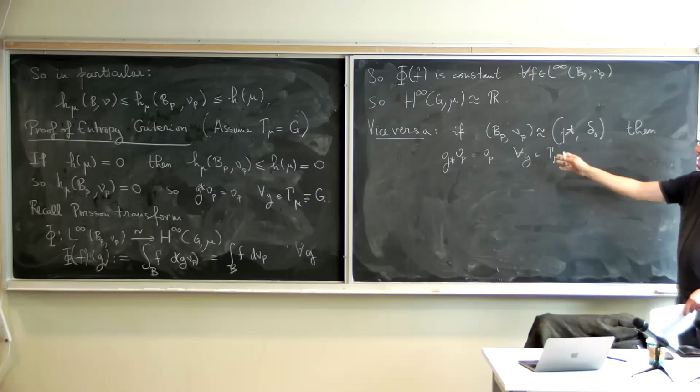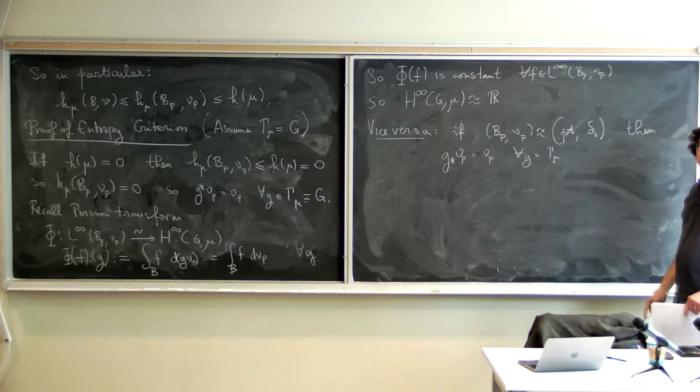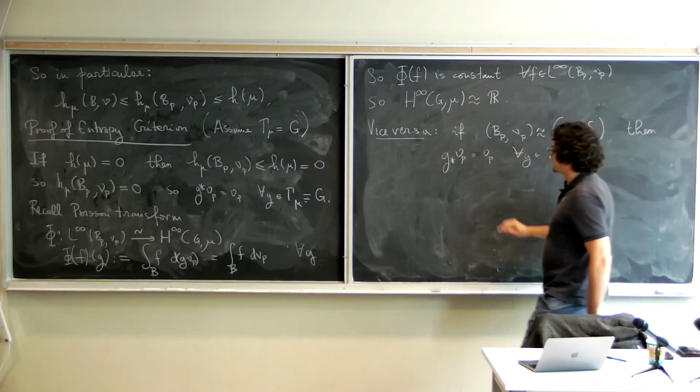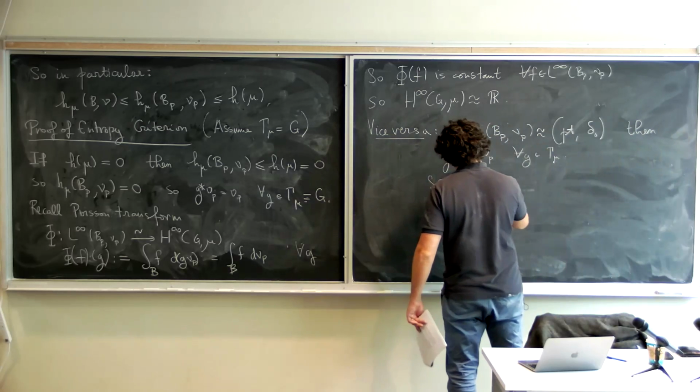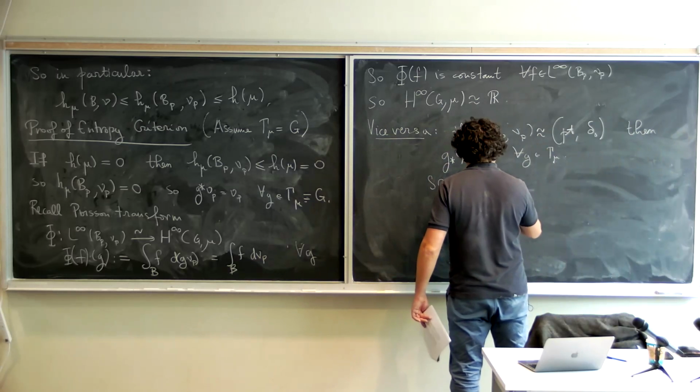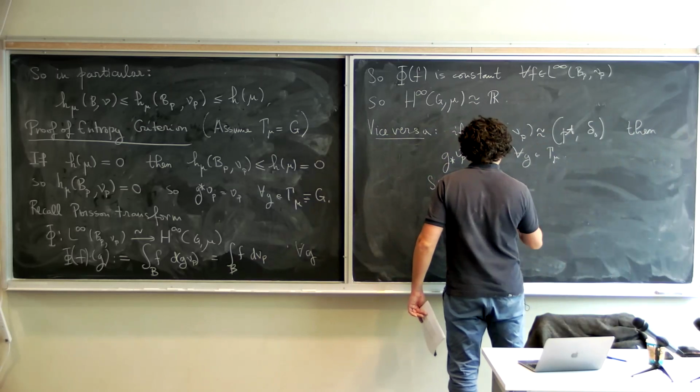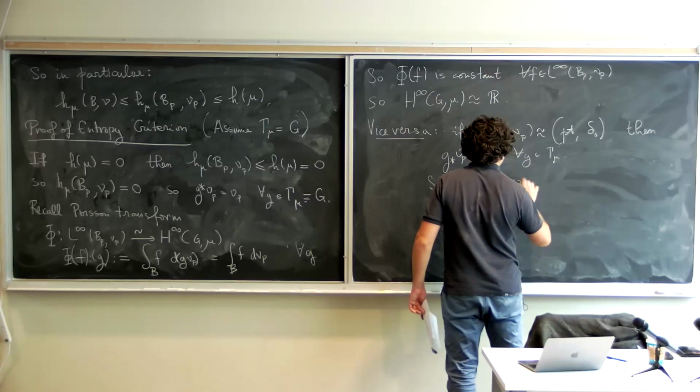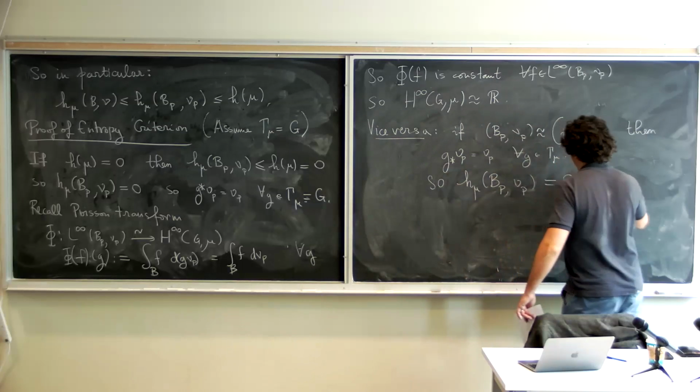This measure is a delta mass, so it's invariant. So the Furstenberg entropy of the Poisson boundary is 0.